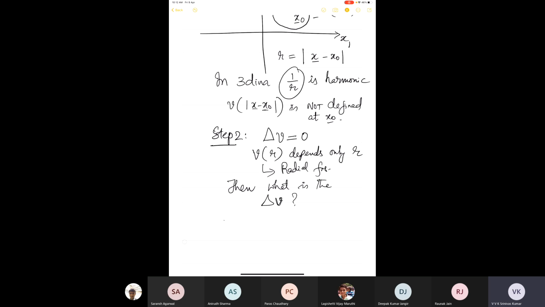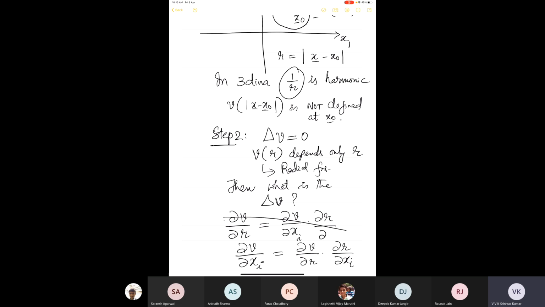If you have v of r only, first find del v upon del xi, that is equal to del v upon del r times del r upon del xi.